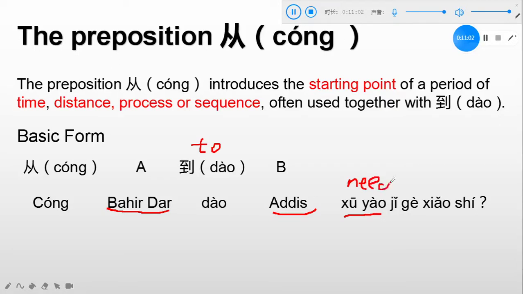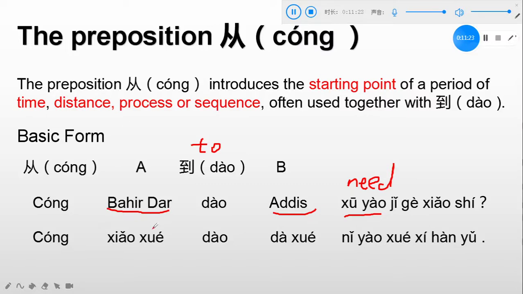So from place A to place B needs 几个小时, how many hours? Okay, so how many hours does it take, or how many hours are needed from Bahir to Addis? Alright, this is the place.